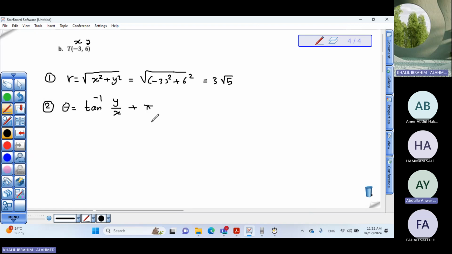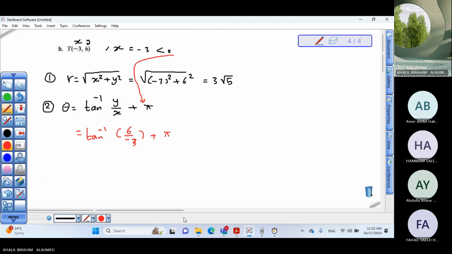Because here x equals negative 3, which is less than 0, so you should add pi. The answer here is inverse tan of 6 over negative 3, plus pi.